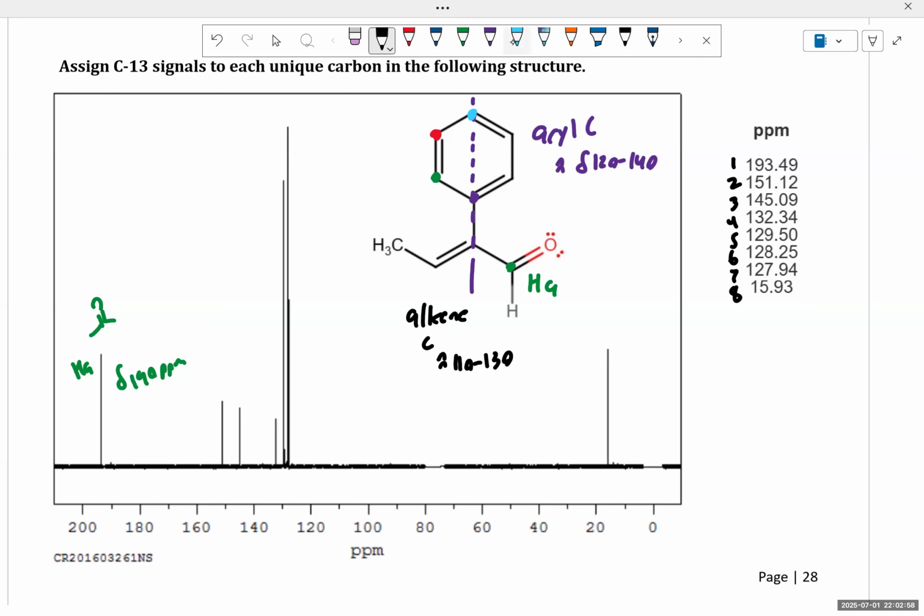I'm going to get one of the easier carbons to assign out of the way, this methyl group carbon. Sorry, let me label this as carbon A. So this methyl group carbon that I'll call carbon B is going to be right here.